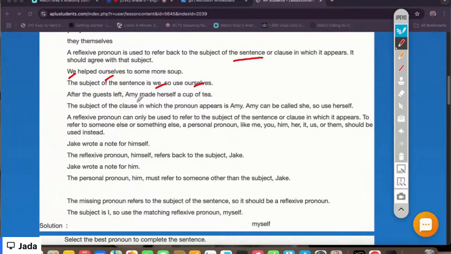This is Amy, and you can make it she, right? So you can use the pronoun she for Amy, and herself is the most suitable reflexive pronoun. The subject of the clause in which the pronoun appears is Amy. Amy can be called she, of course.